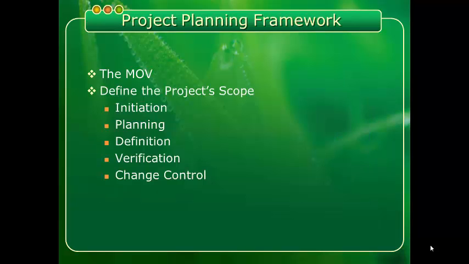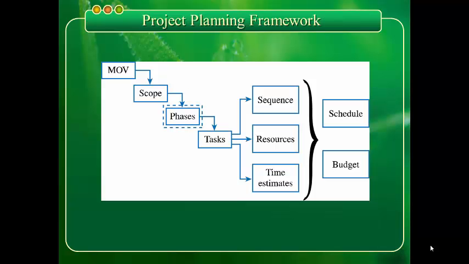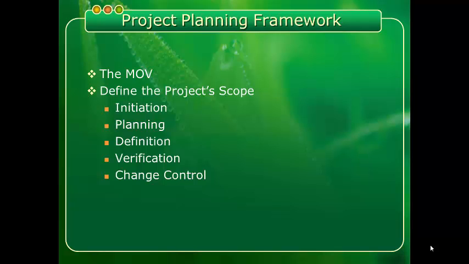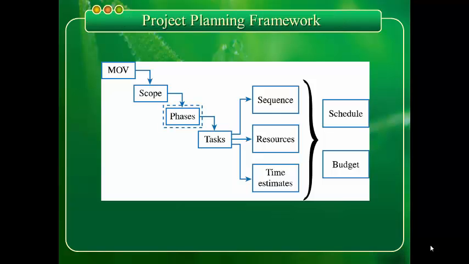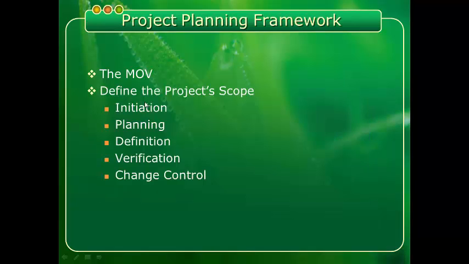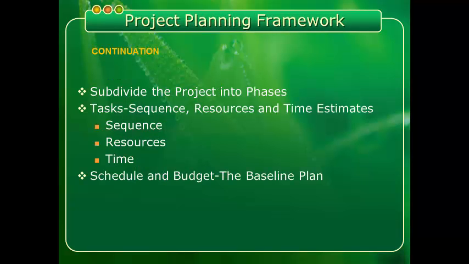So the project planning framework. The first one is MOB, as indicated on our diagram. The second one is define the project scope. Under project scope, we have initiation, planning, definition, verification, and change control. Then the third one is we should subdivide the project into phases.